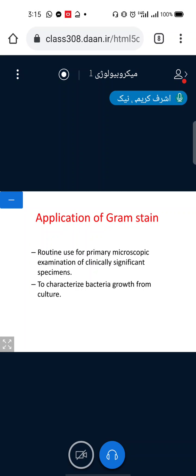Two, to characterize bacterial growth from culture.